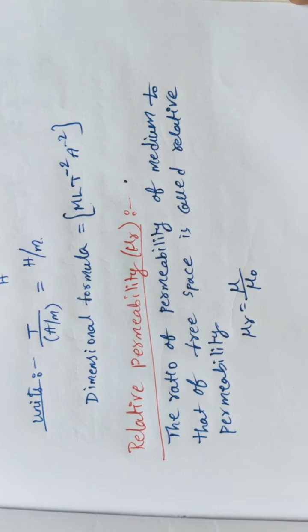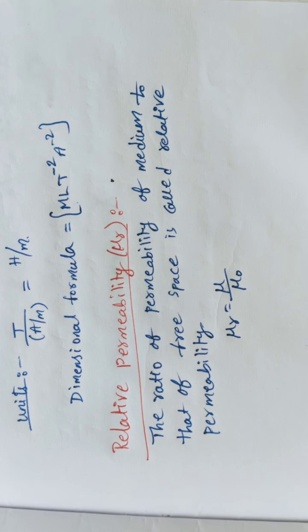Observe this relative permeability statement: the ratio of permeability of a medium to that of free space is called relative permeability. That is, mu r is equal to mu divided by mu naught, which is also represented as B divided by B naught. Students, this is a unitless and dimensionless quantity.